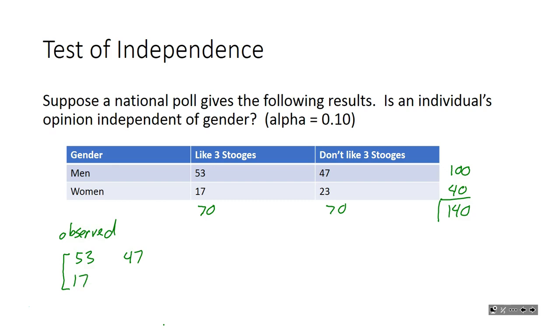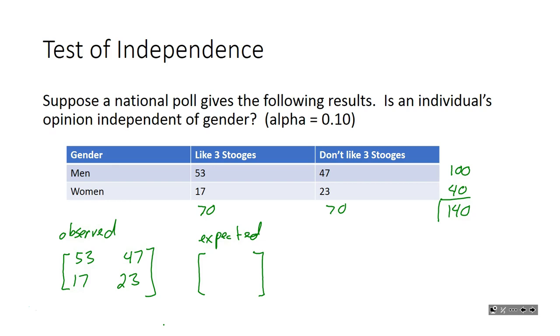Next one is 17 and 23. And then what we're going to do is calculate an expected matrix. I'm going to show you that for this particular matrix it's very easy to do, but then I'm going to come back to this a little bit later and show you how you handle tougher examples.